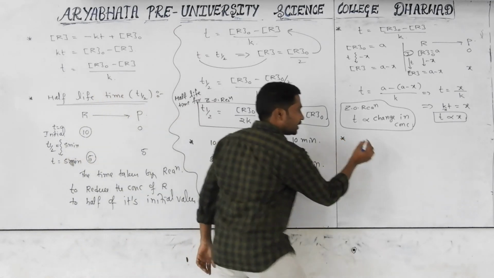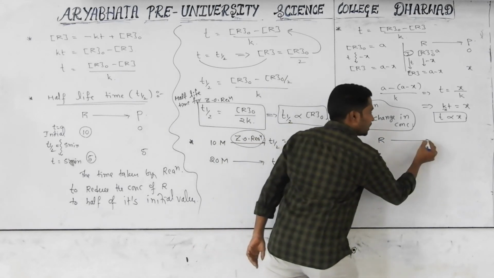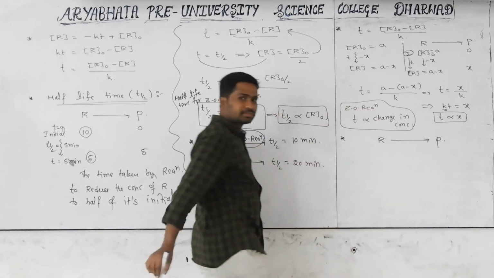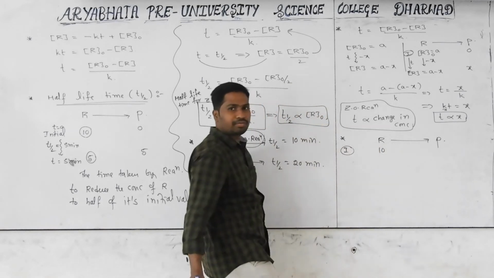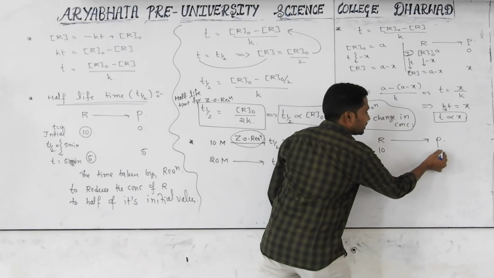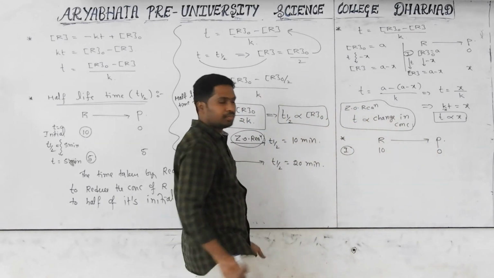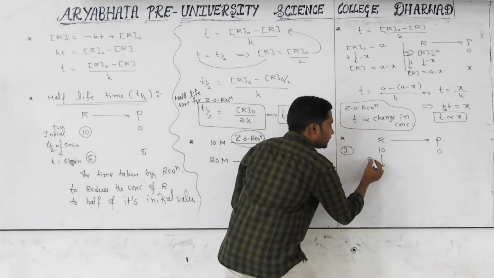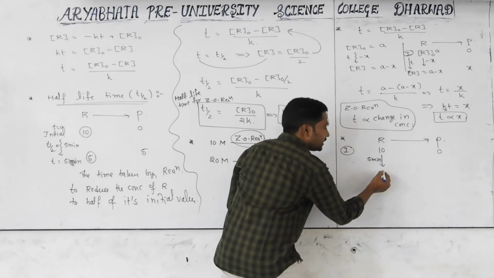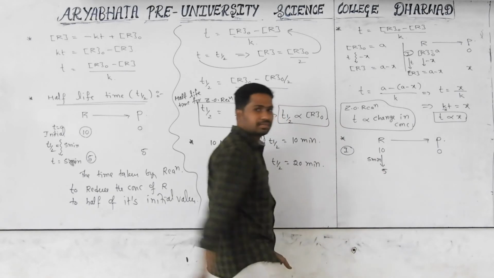You have to observe very carefully. Reactants are converting into products. Initially, we have, for example, 10 molar of reactant. Products will be 0. In, for example, 5 minutes duration, it is becoming 5 molar.